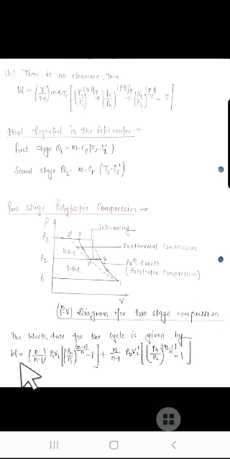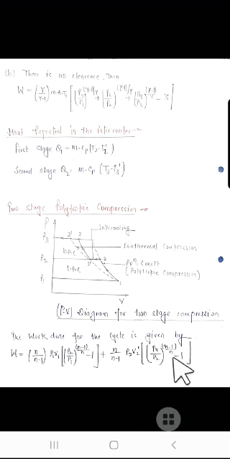This will be equal to n upon n minus 1 P1 V1 into bracket (P2 upon P1) to the power (n minus 1) upon n, minus 1, plus n upon n minus 1 into P2 V2 dash bracket (P3 upon P2) to the power (n minus 1) upon n, minus 1. This is the expression of work done for the two-stage polytropic compression.